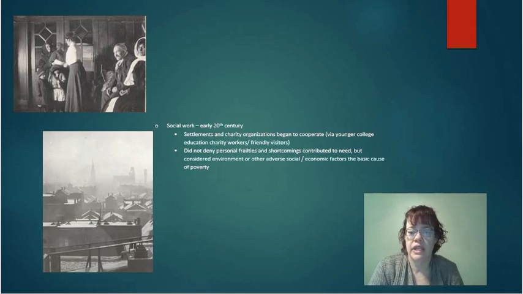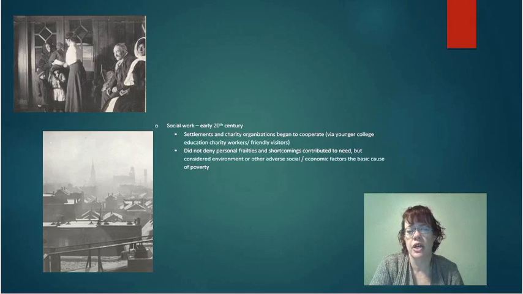Settlement and charity organizations begin to cooperate, so they work together, and there's not animosity. They'll work with each other via these young college-educated charity workers and friendly visitors. It did not deny the personal frailties and shortcomings that contributed to the need.